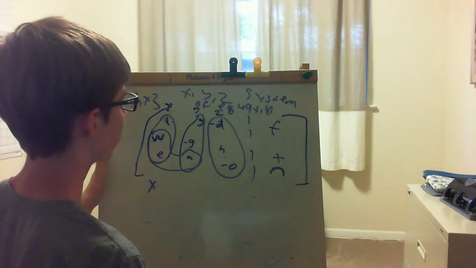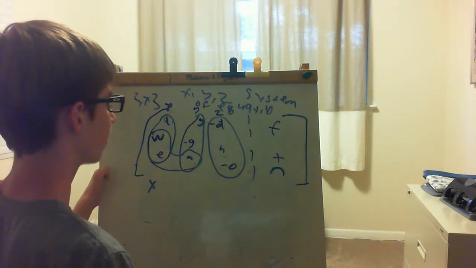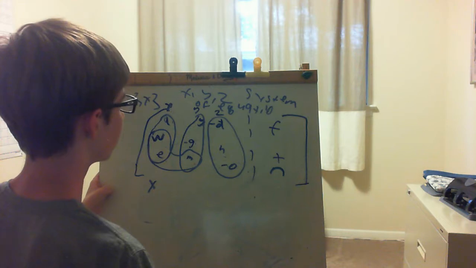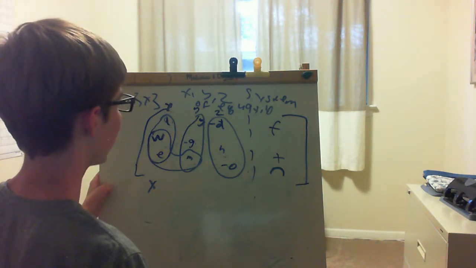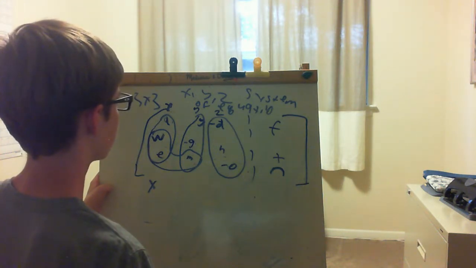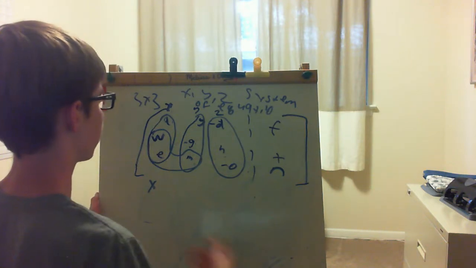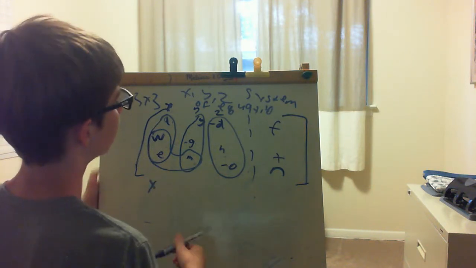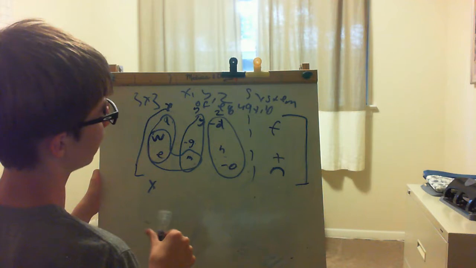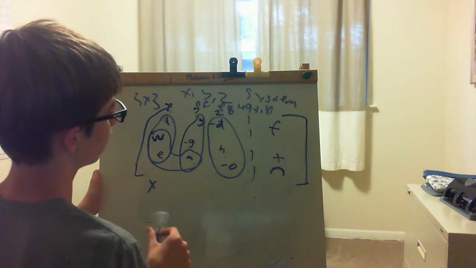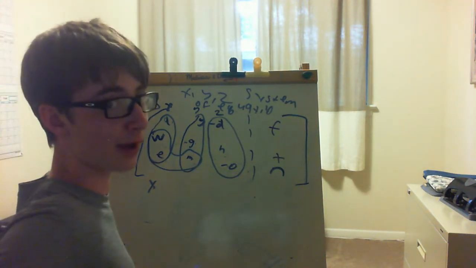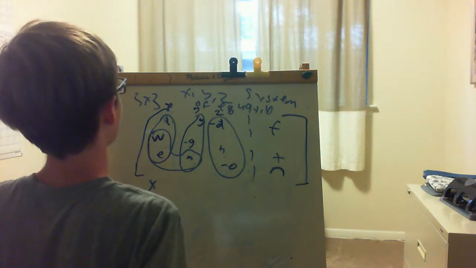Because then we can use that to re-plug in, and we would get our X answer, or it might actually be the Z, I'm not too sure, but that doesn't matter. It's all about getting the answer.